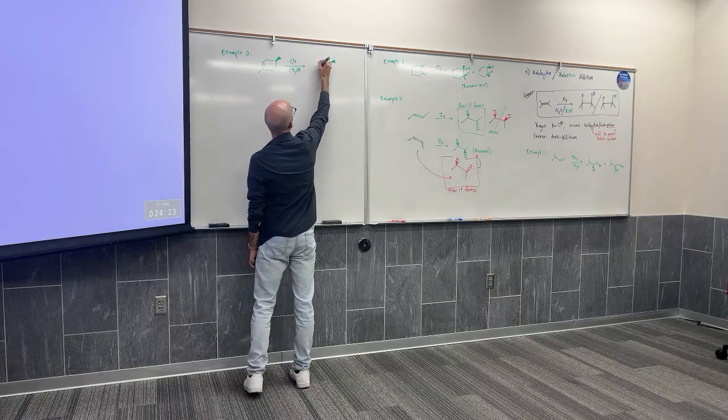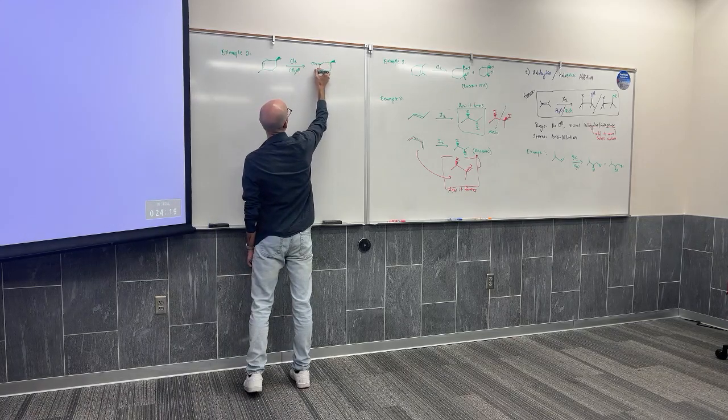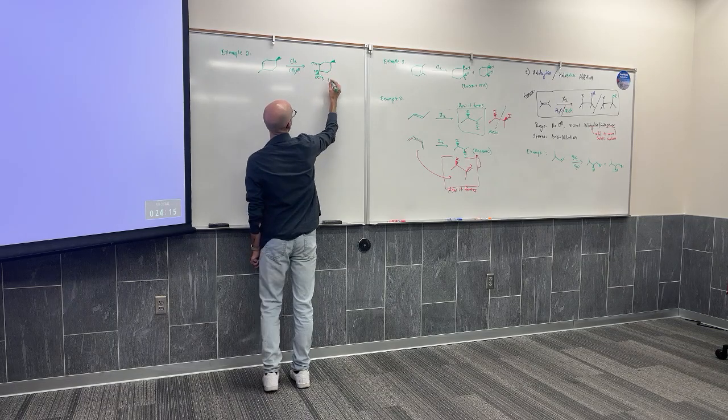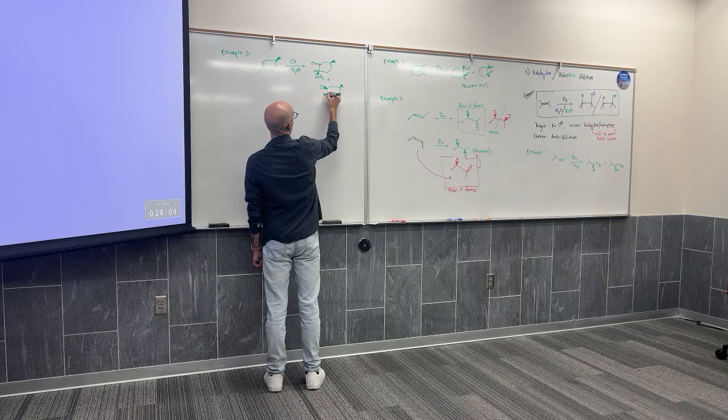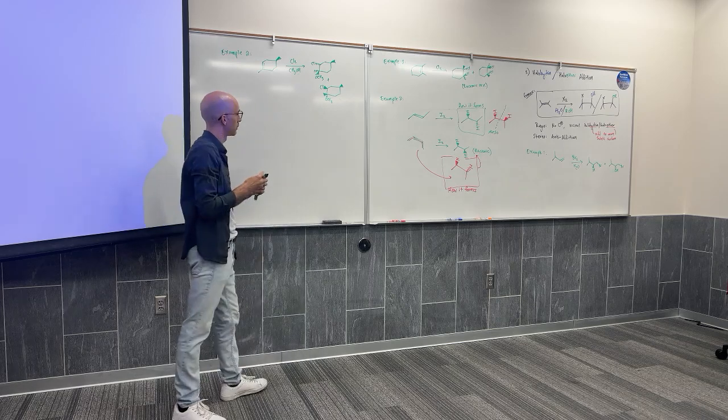So, if my chlorine adds dashed, then my ether forms wedged. And if my chlorine adds wedged, then my ether adds dashed.